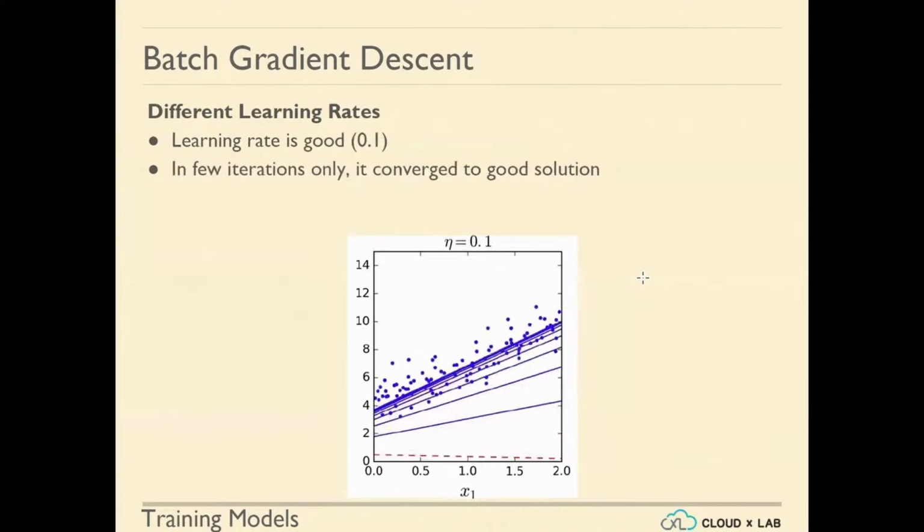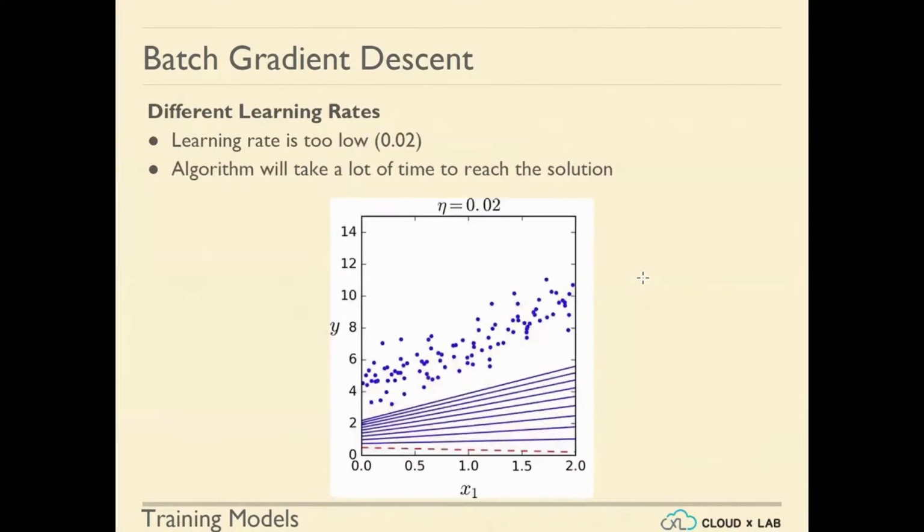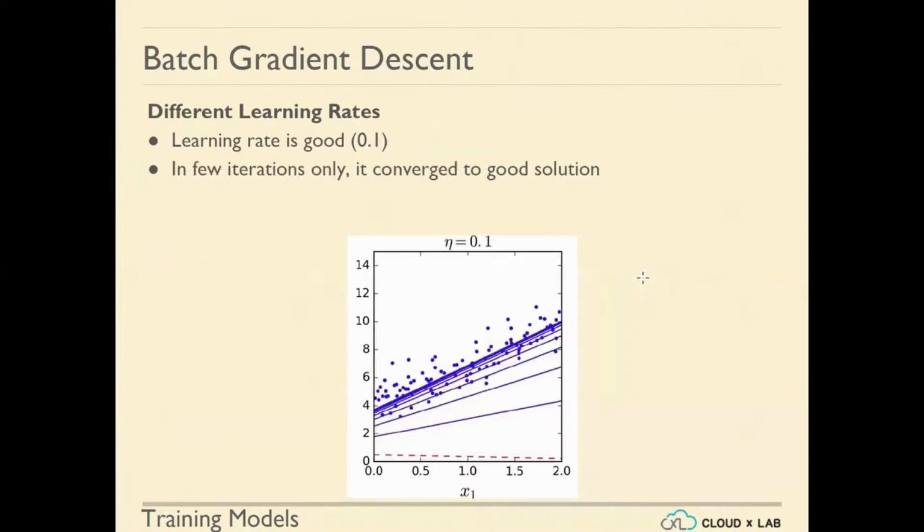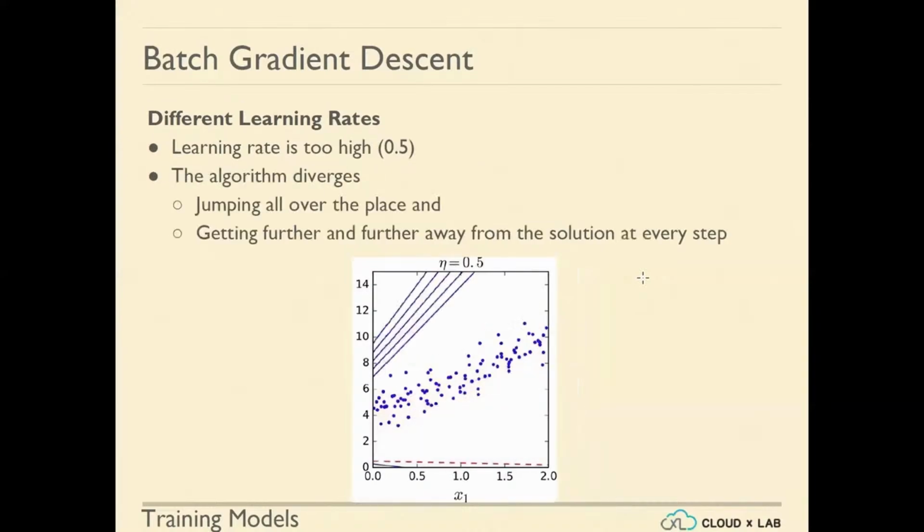Yes, so this slide I have already covered. So for the learning rate, we cannot take a very small value because then it will take a huge number of iterations to reach the solution. If the learning rate is too low, it will take lots of time. If the learning rate is too high, it will start oscillating, so we will jump here and there around the optima position.